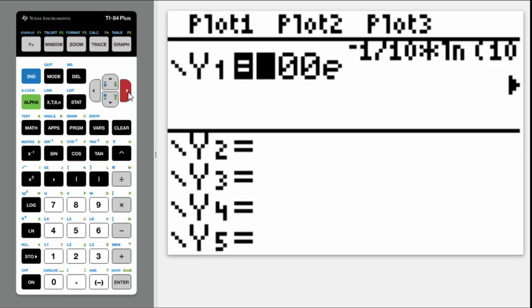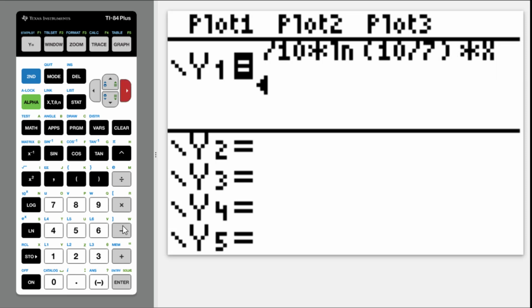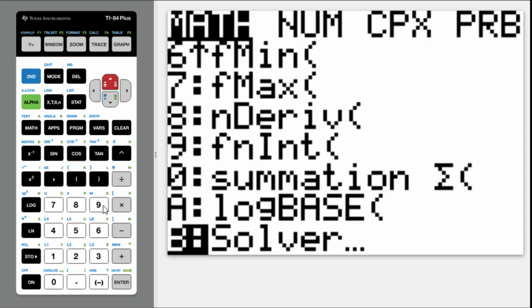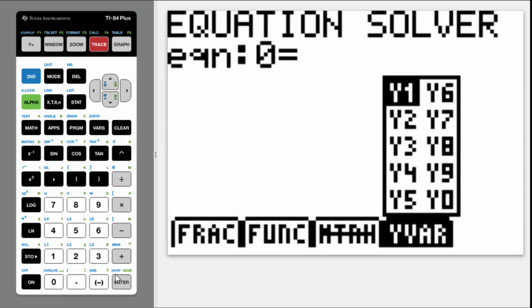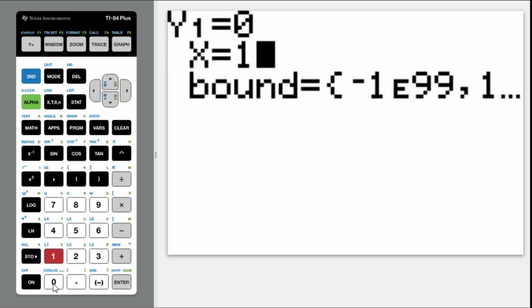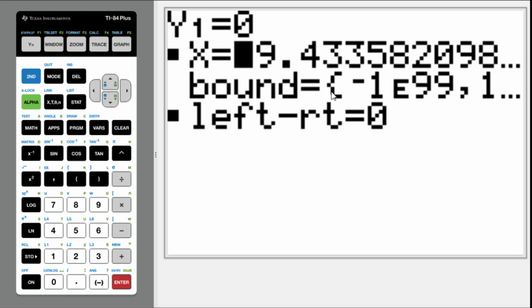Go to Y equals. We put this function in already, then minus 50. Go to math, up arrow, enter. Alpha trace, enter, enter. We will put 10 as a predicted value. Then alpha, enter. We will get the answer 19.4335 and so on.